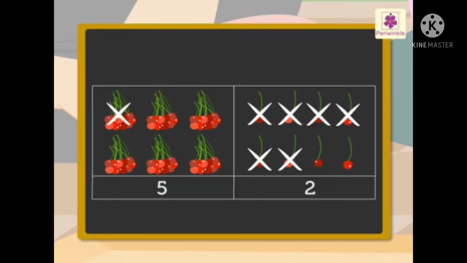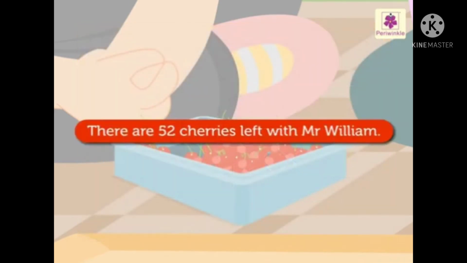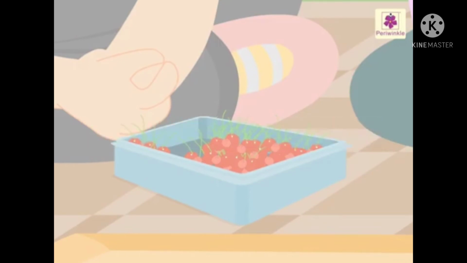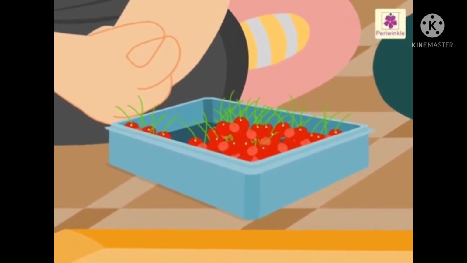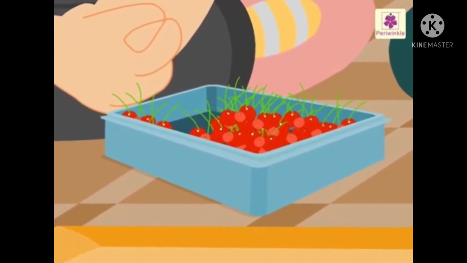So we get the answer as 5 tens and 2 ones, which is 52. Hence, there are 52 cherries left with Mr. William. Now, instead of removing the cherries, we can subtract the numbers directly.